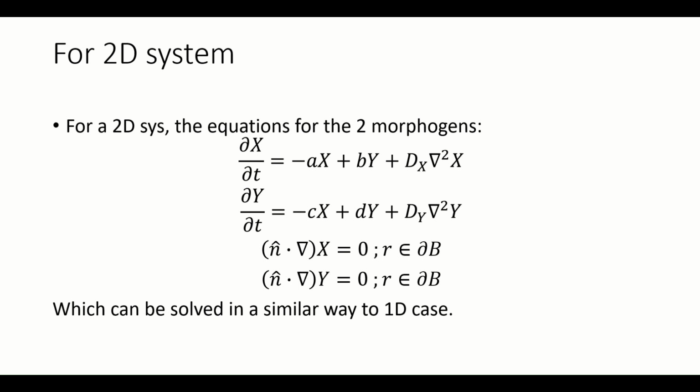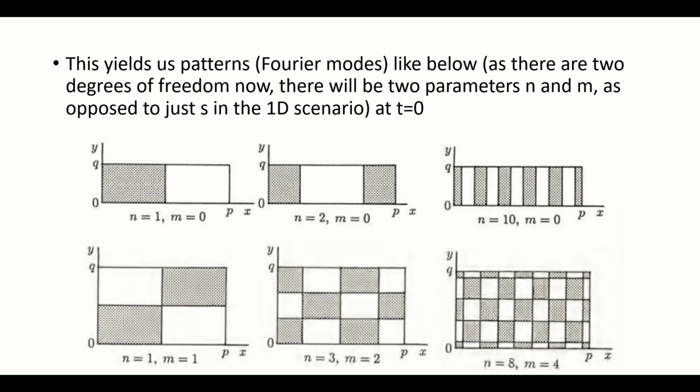So these can be solved in a similar way to get the Fourier modes, and you'll in fact get the same Turing instability criterion. You can solve for it and check. So anyway, coming on to the patterns that we see through this formulation are these.